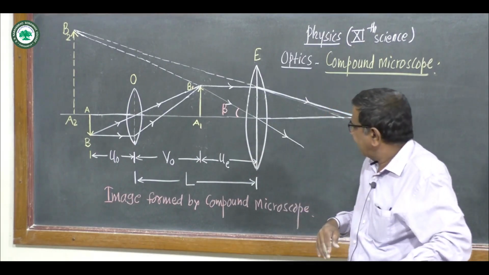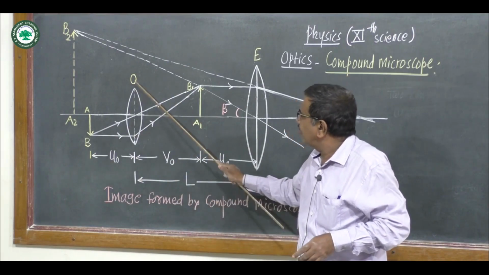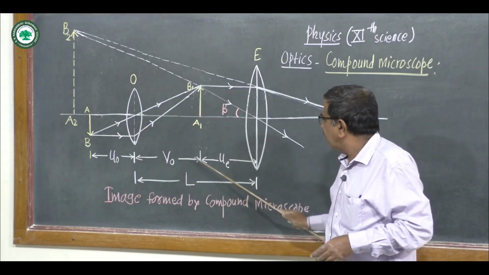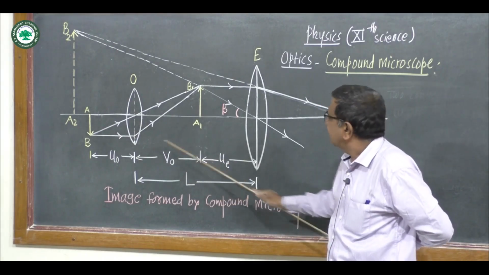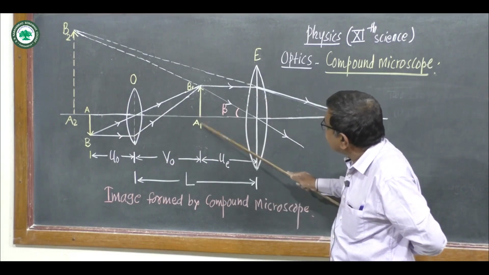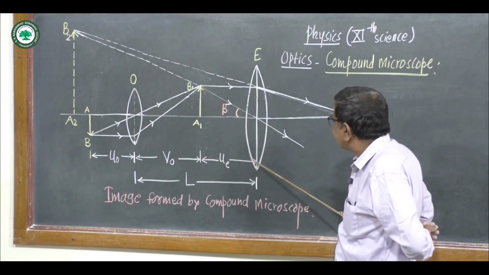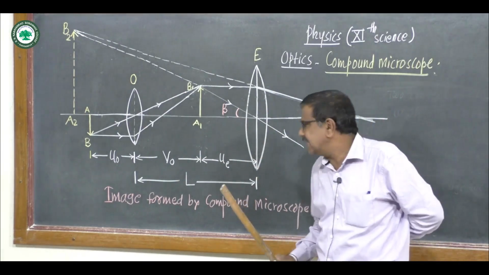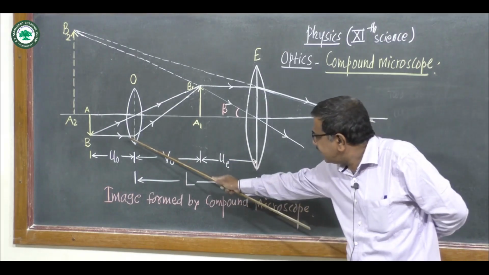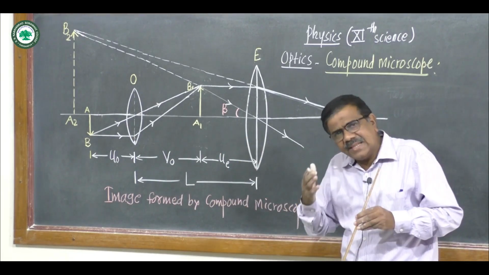Now here, this UO is the object distance for the objective. Its image is here, so this VO is the image distance for the objective O. For this eyepiece, this A1B1 is an object, so this is the object distance for the eyepiece, UE. And the distance between these two lenses is capital L, that is the length of the compound microscope.